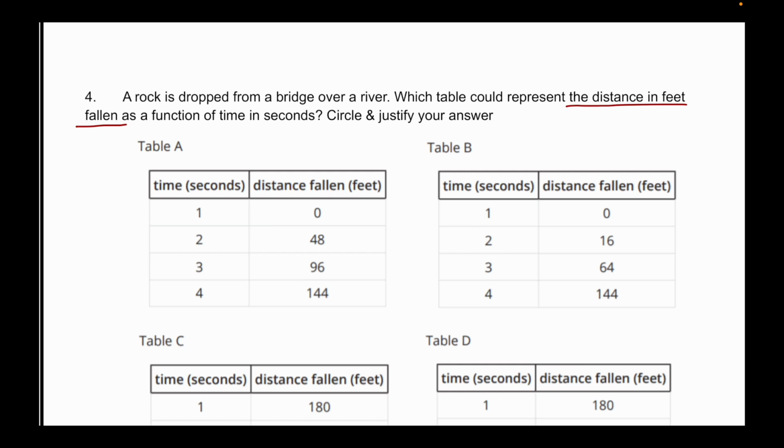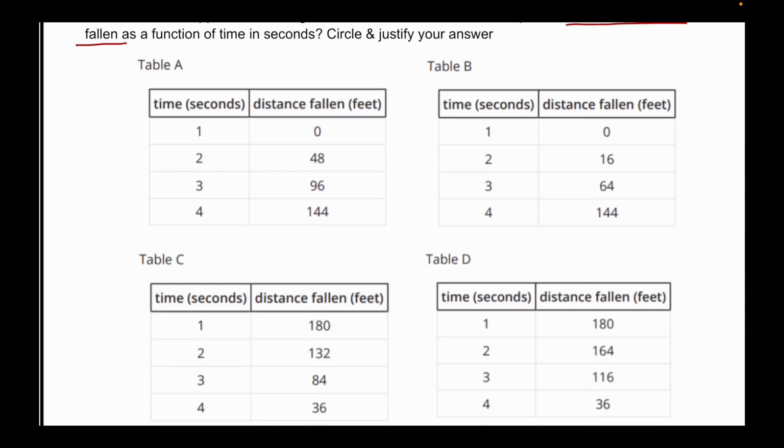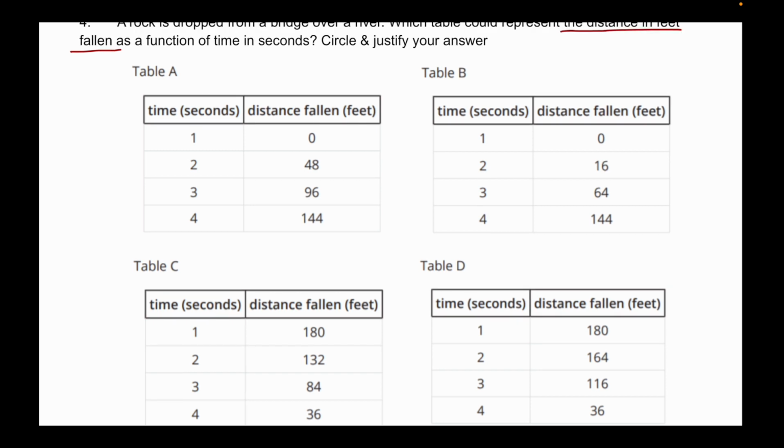Now, if you're super observant here, you might notice that it doesn't really make sense for us to have 1 second and it's fallen 0 feet. But you can ignore that part. For my peace of mind, I'm going to change this.